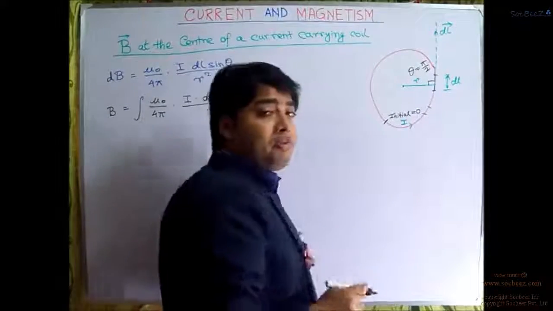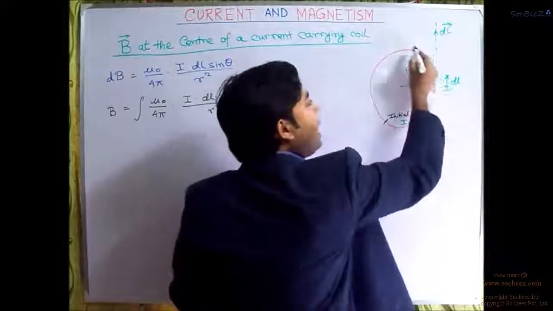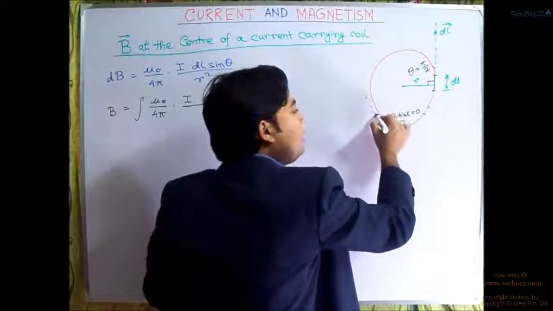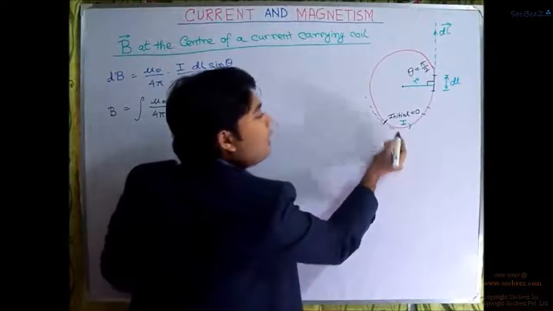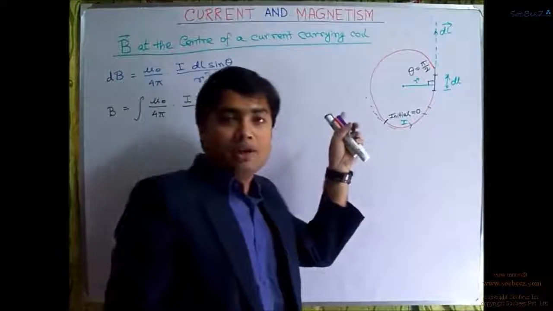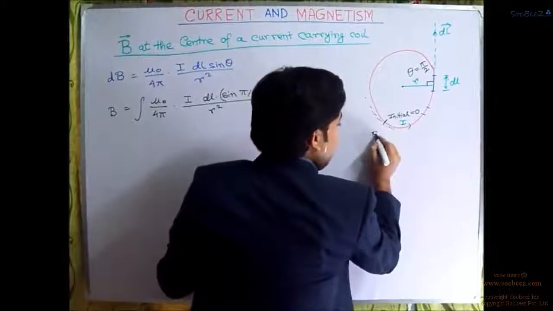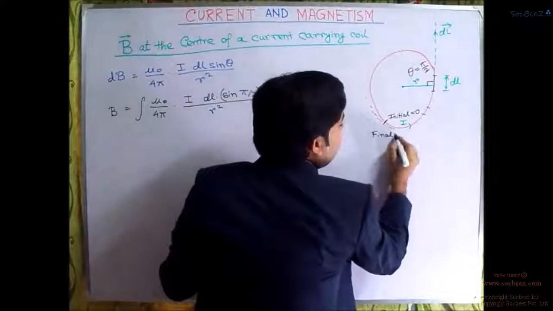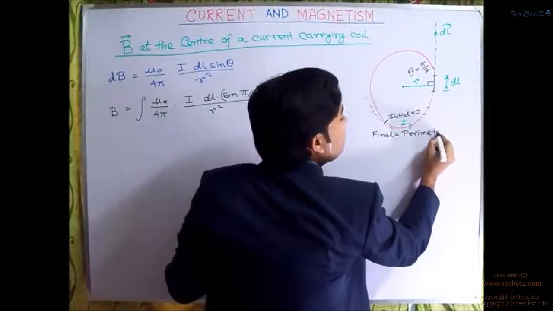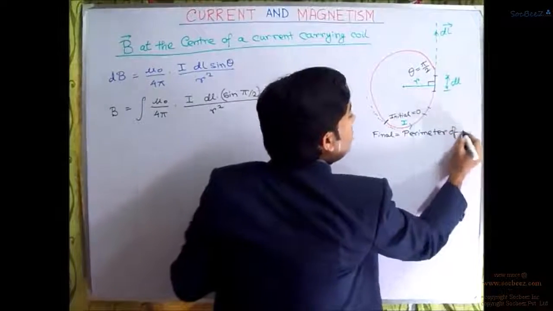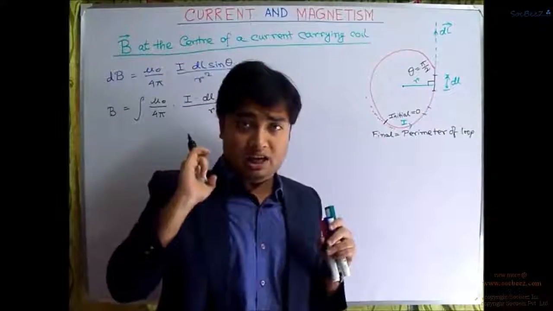And what will be the final point? We will traverse along the entire loop and again come down over here. So we have started from here and we will again come down here, right? And the final will be the perimeter of the loop.